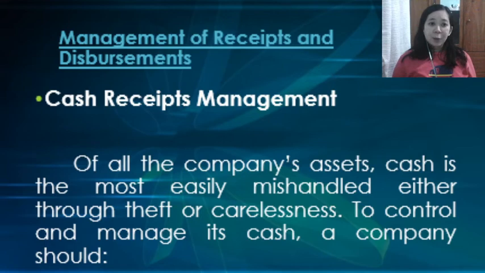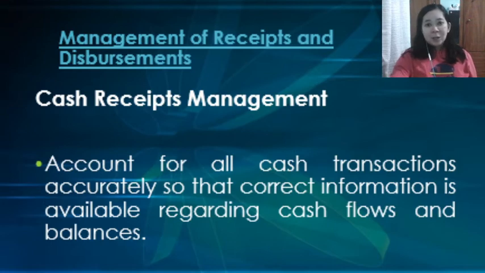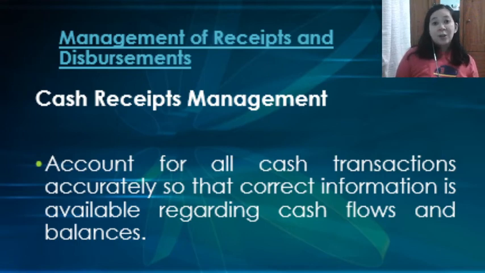So therefore, to control and manage the cash, a company should do the following. Number one, these things can be included in their internal control process for the management of their cash receipts.